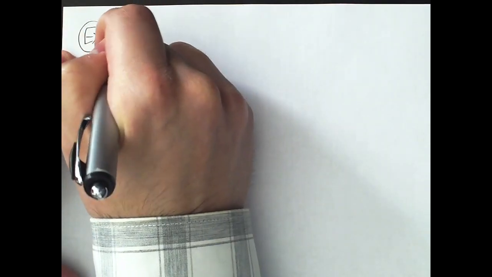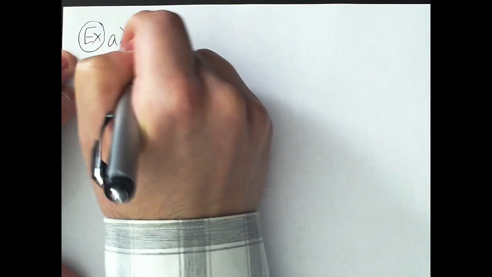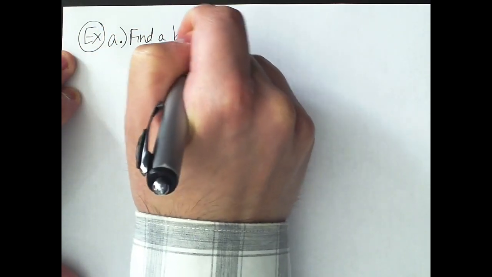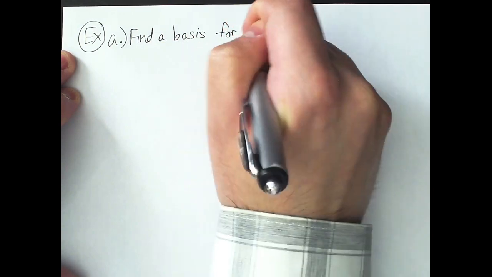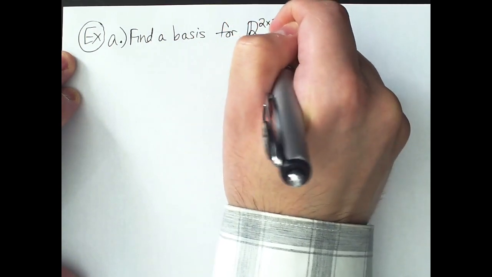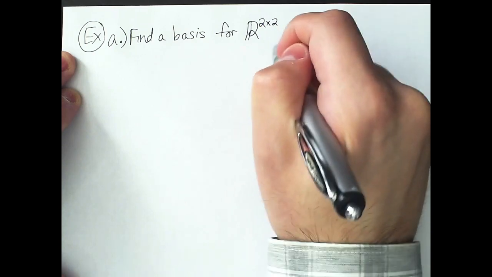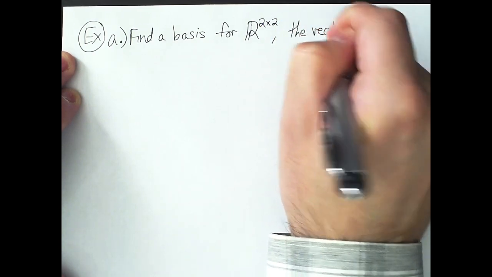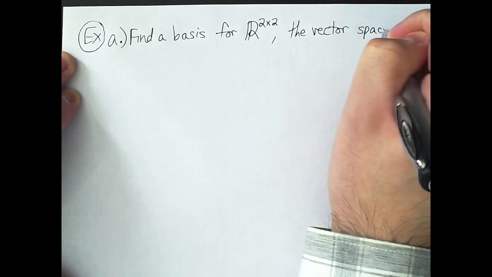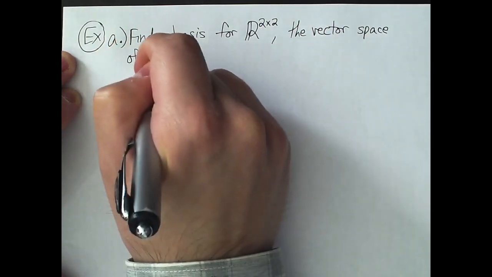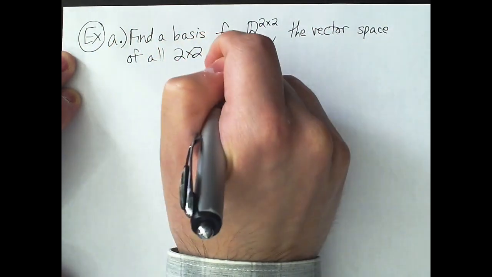So I'm going to ask you a question about vector spaces, and it's going to have 3 parts. Part A, find a basis for R 2 by 2, the vector space of all 2 by 2 matrices.